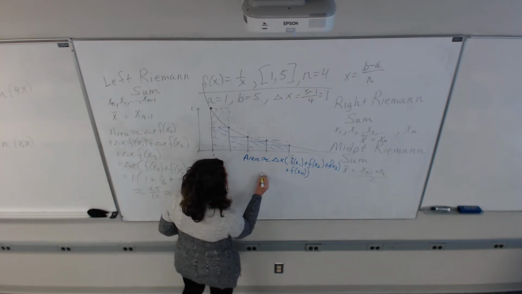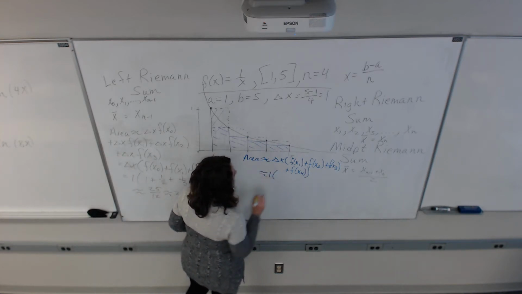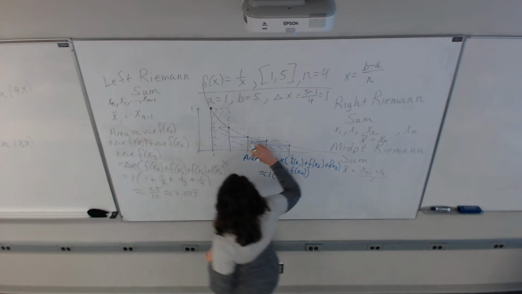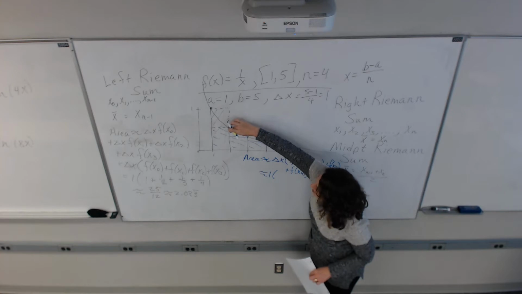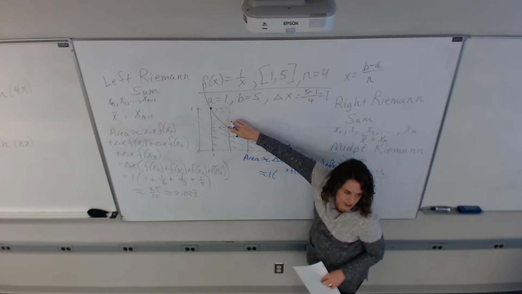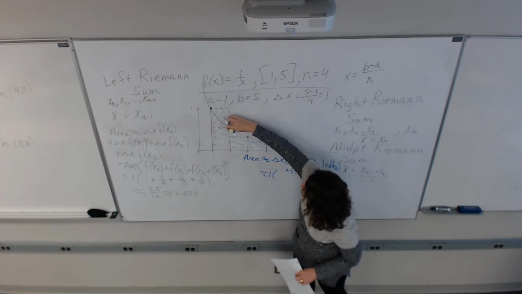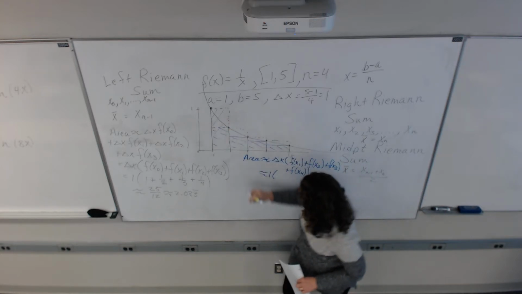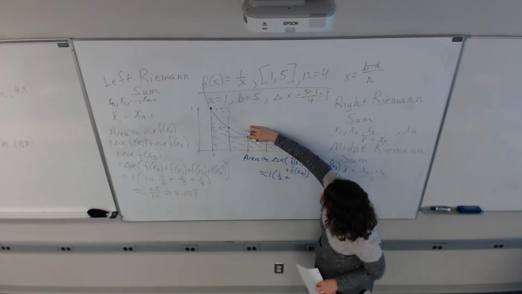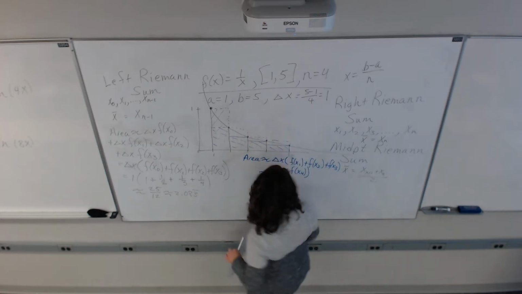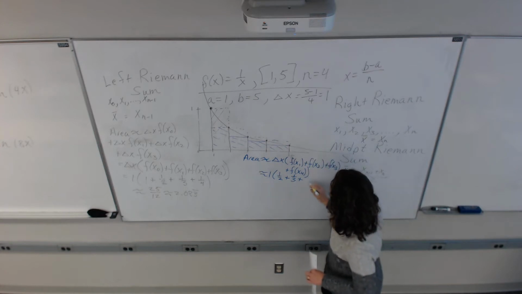So what do you get for this? This would be about 1 times, what's the height on the right side of the first box? It's the left side of the second box for the left Riemann sum, right? What's the height here? 1/2. Plus the next one, 1/3, right? Because I'm now at 3. Plus 1/4.